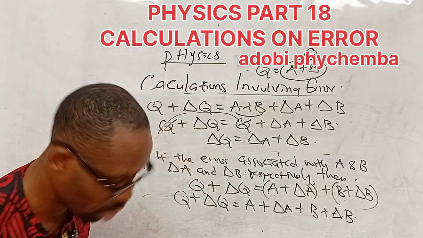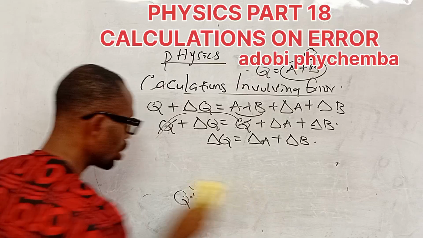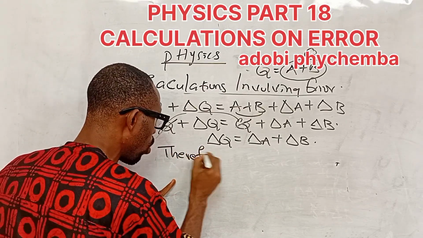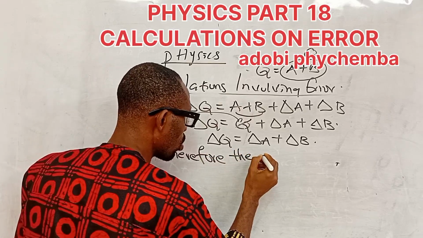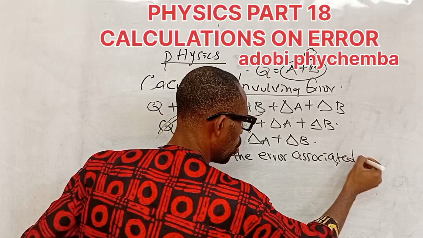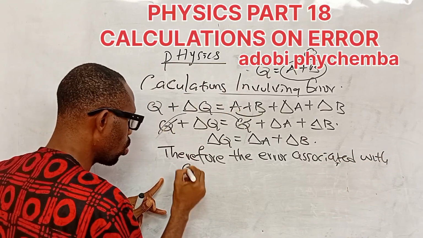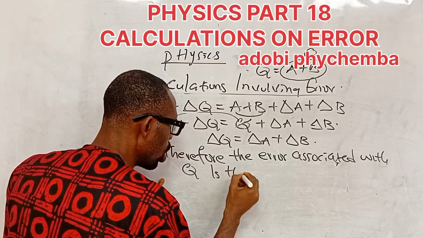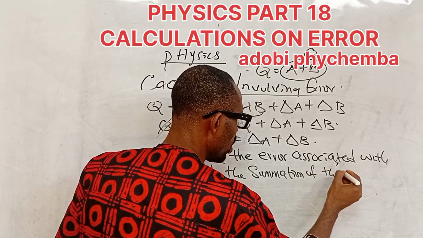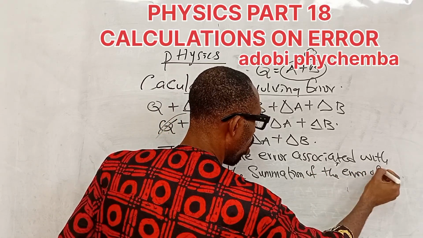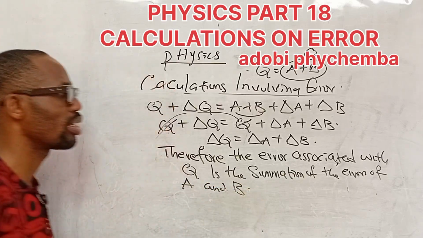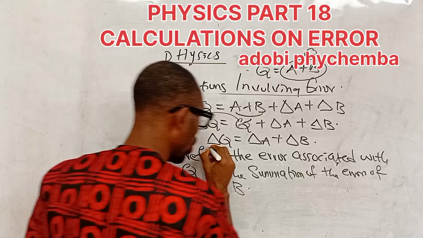Therefore, from this, the interpretation is that the error associated with Q is the summation of the errors of A and B. Summation means addition.